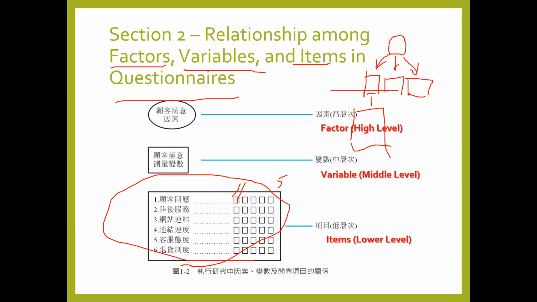Why do they use 3 instead of 6 items? Because with too many questions, people don't like to figure them out. It wastes a lot of time. And remember, the factor is the high level, the variable is in the middle, and items are at the lower level.